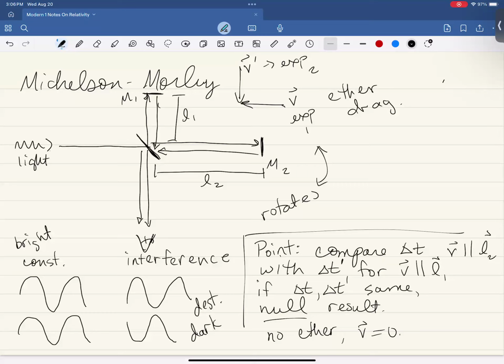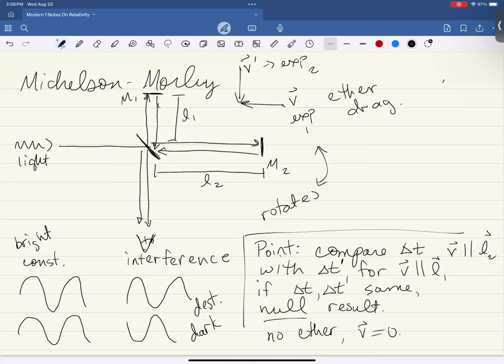That's the same path, right? And since they're traveling together there, we don't need to compare those things. We just need to compare the differing paths from the beam splitter to M1 and the beam splitter to M2 and see if those produce a different time of travel given the ether wind. Okay, that's what we're doing.